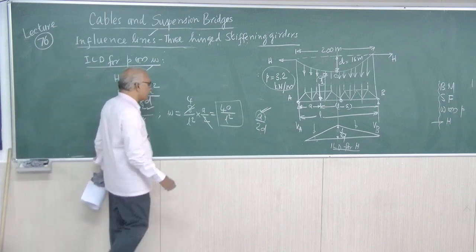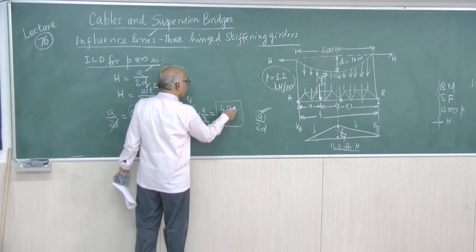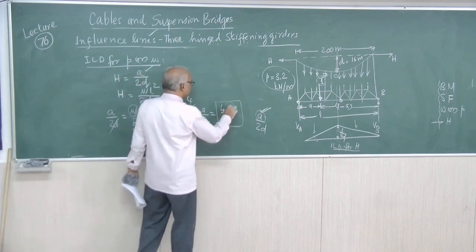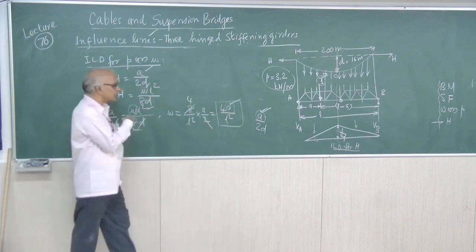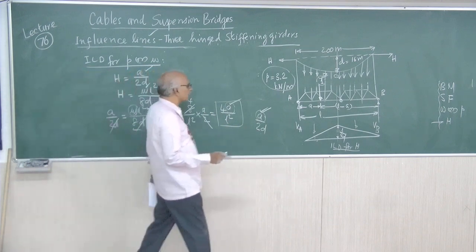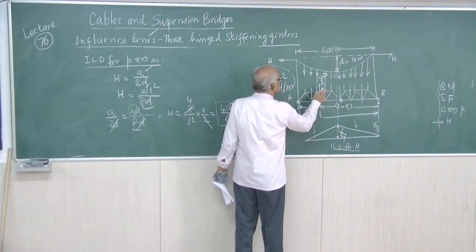Now here we have assumed the unit load at the position A from the left hand support. This can be variable. Unit load can occupy any position from 0 to L. At the moment, we have considered the unit load to be at a distance of A from one end.